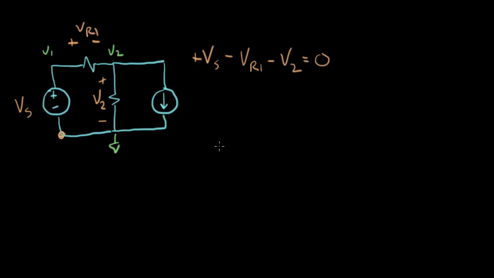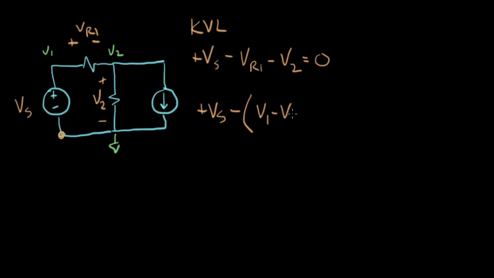So that would be the KVL equation for this circuit. Now I'm going to plug in, using node voltages, I'm going to write VR1. So I get plus Vs minus VR1, which is node voltage V1 minus node voltage V2.